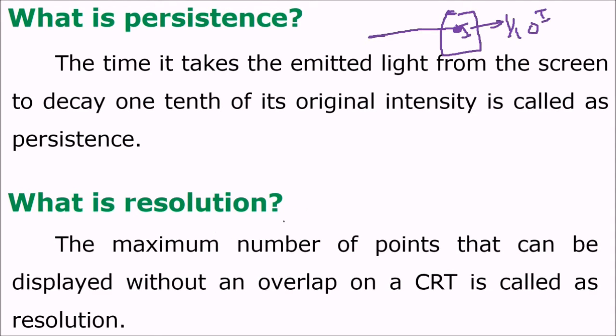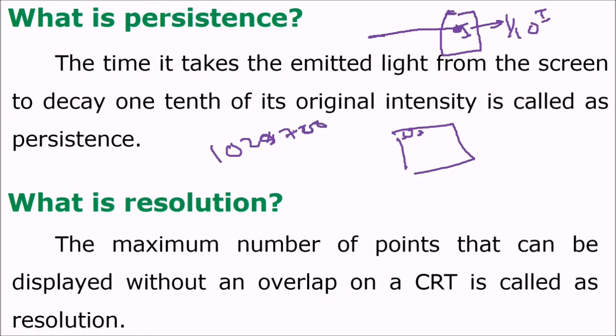What is the resolution? The maximum number of points that can be displayed without an overlap on a CRT is called the resolution. Let me explain the resolution. Nowadays, if you have a screen, how many pixels or picture elements are you able to show? For example, for HD, it is 1280 by 720.